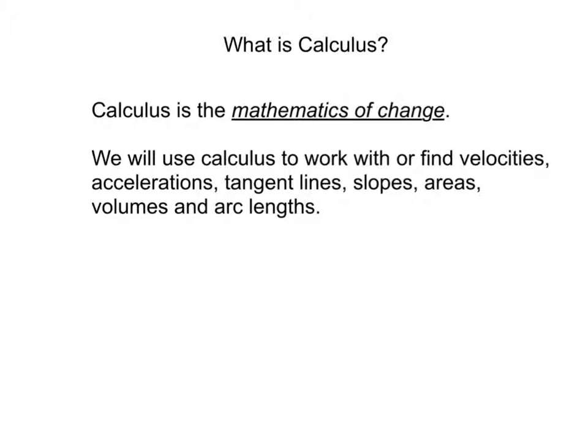Slope in pre-calc and in other math classes was typically something you talked about with a line. Well, when we get into calculus, slope is now also something we can talk about in relation to a curve that we see.